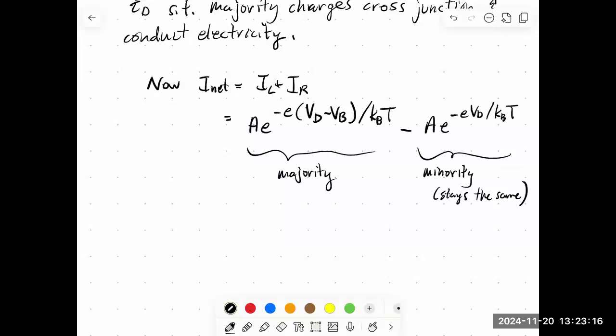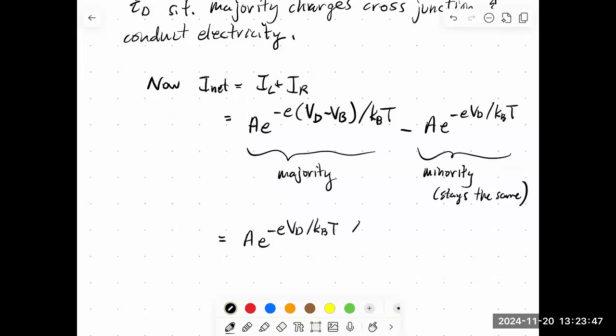We could simplify this. We could write it in a nicer way. I have an exponential of a difference, but I could write that as a product of exponentials. And then we're going to have e to the minus EVD over KVT times e to the plus EVB over KVT. And there's a common factor. In fact, you could write this as A e to the minus EVD over KVT.